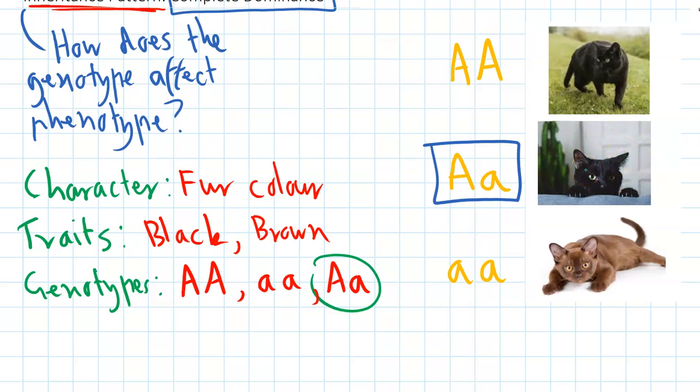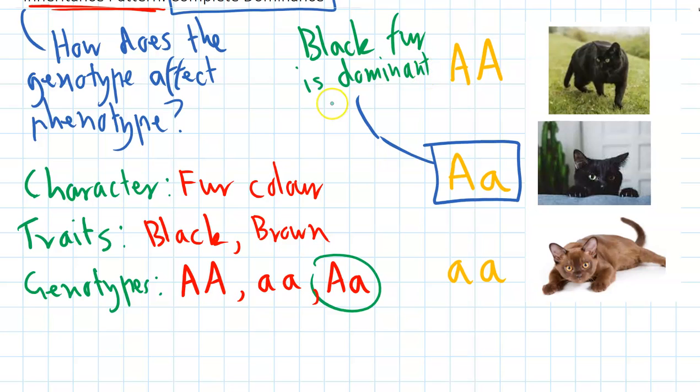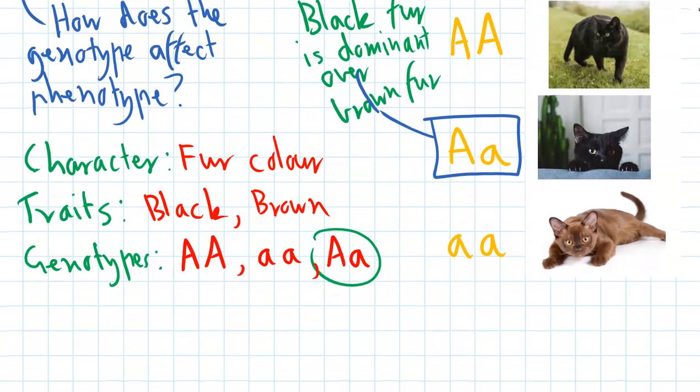So what we say here is that black fur is dominant over brown fur, and that's because in this particular cat that's heterozygous, it's the black fur phenotype that we see.